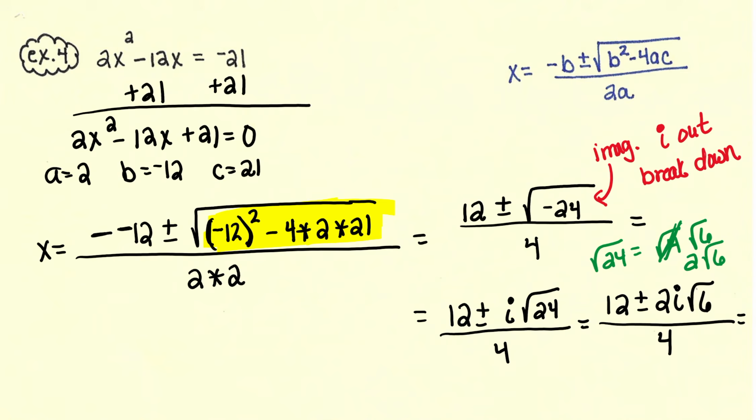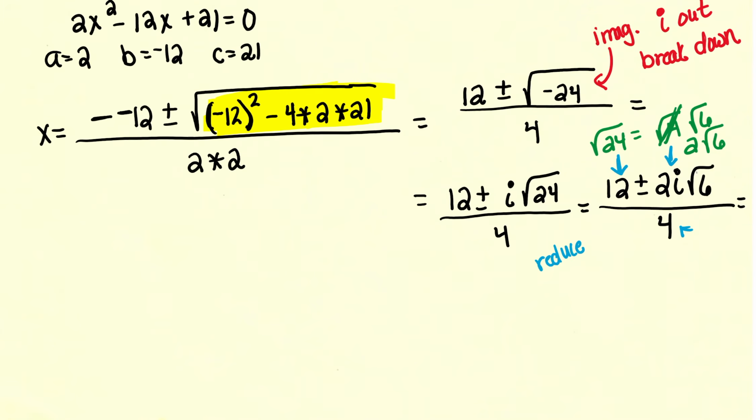But we're still not done yet because we can reduce. If there is a number that goes into this, this, and this, you must reduce. Not the square root, that's a different type of number. But 12, 2, and 4 all have a 2 that will go into them.